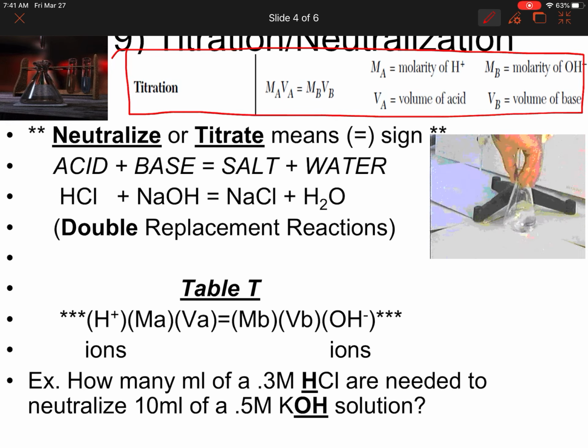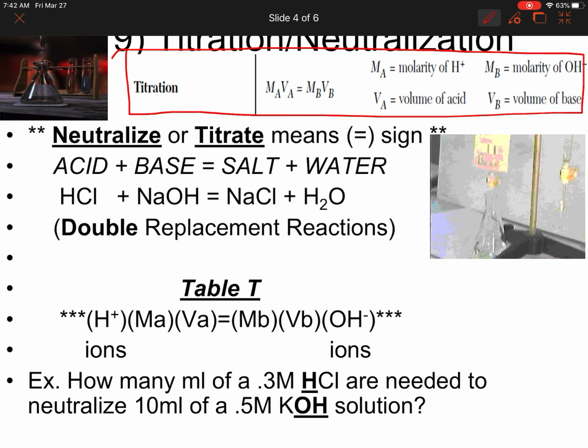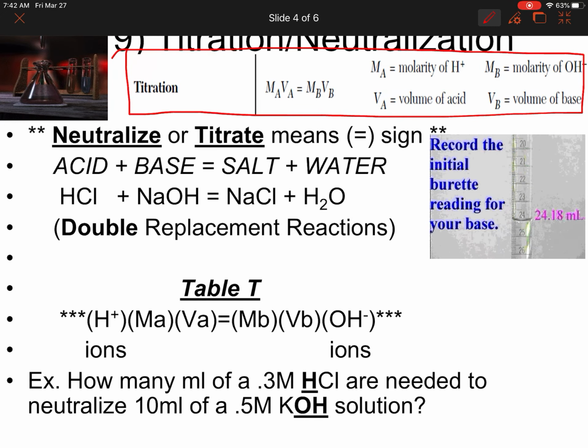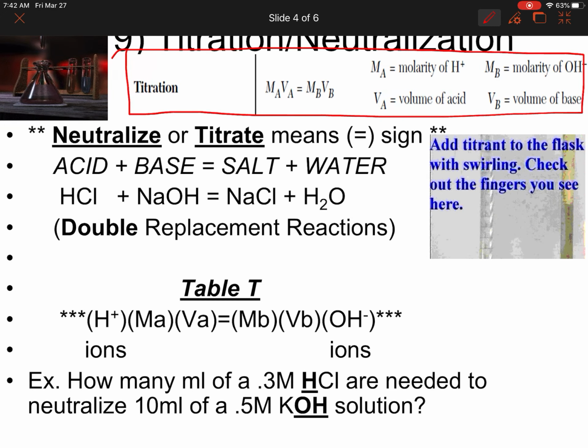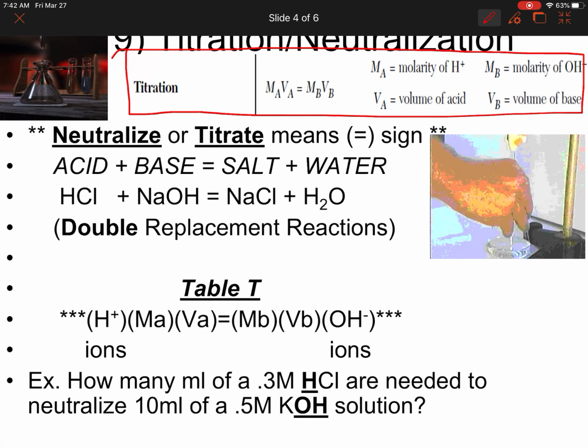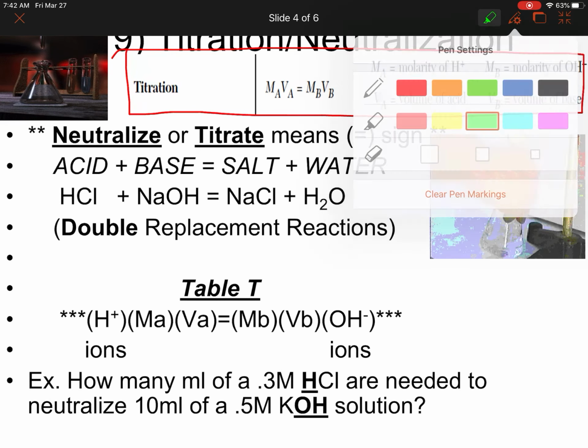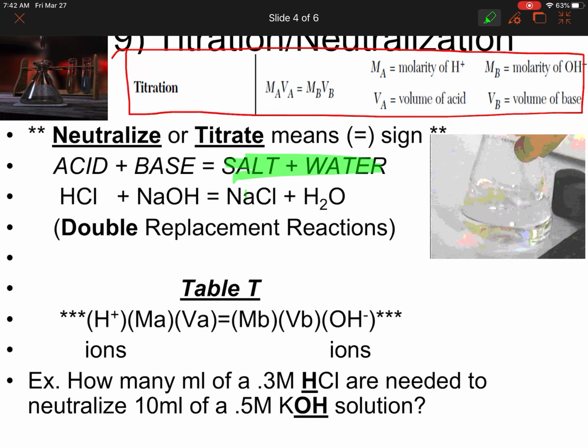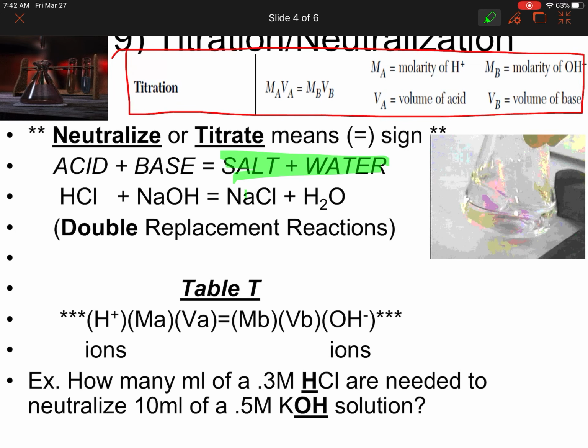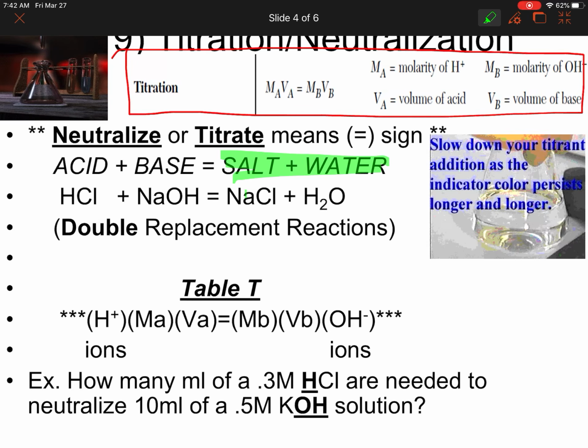Well, below 7 is an acid. Above 7 is a base. 7 is salt and water. Salt and water is pH neutral.